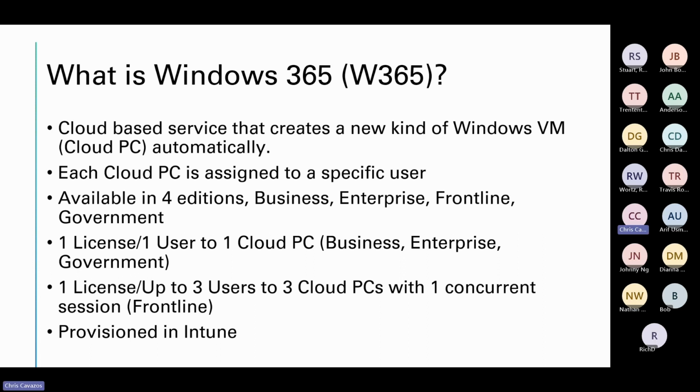This is advantageous if the organization has shift work, with first, second, and third shift, because it's a lot more cost effective to purchase a Frontline license versus purchasing a Business or Enterprise license for each individual user. That's the thought process behind Windows 365 Frontline.